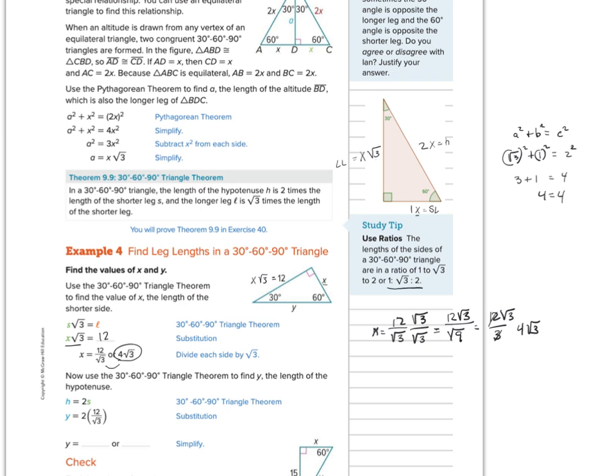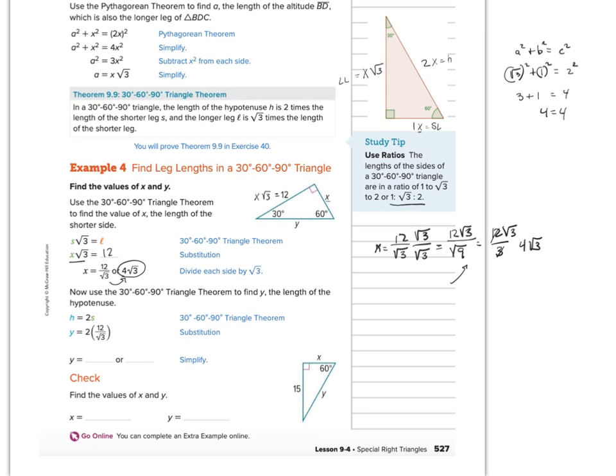So going from there to there is a simple process, but if we don't know what we're doing, we have to take it step by step. Now, if I'm able to find out that the value of x is 4 square root of 3, then in order to figure out what y is, this is going to be 2 times x.